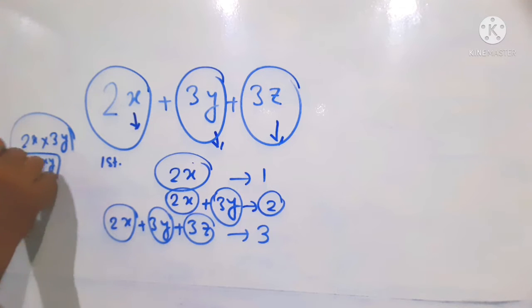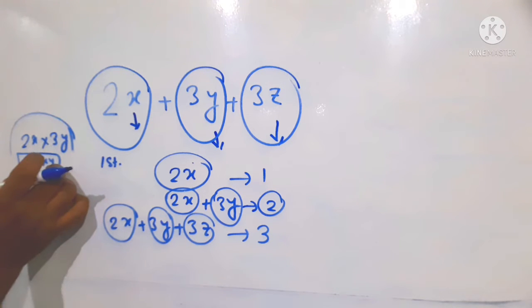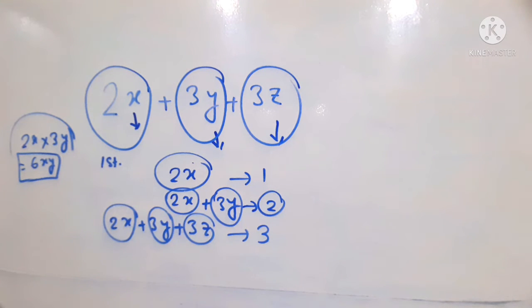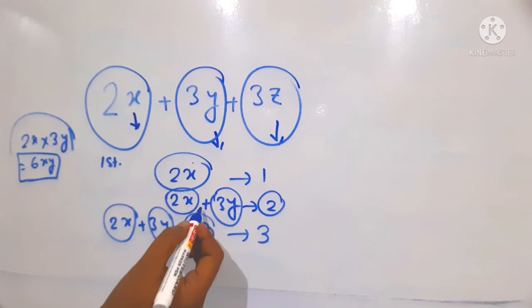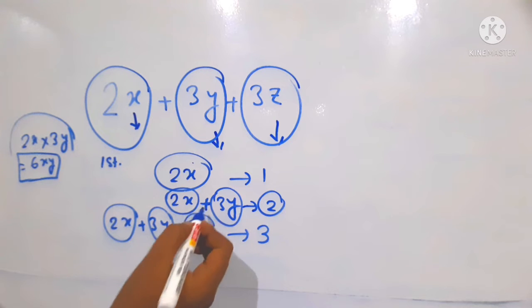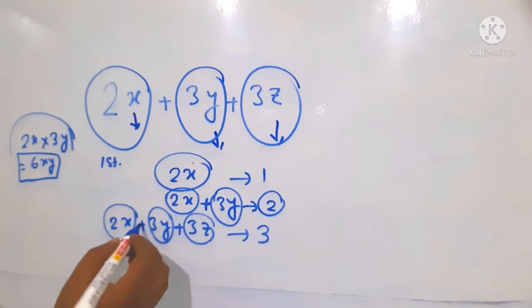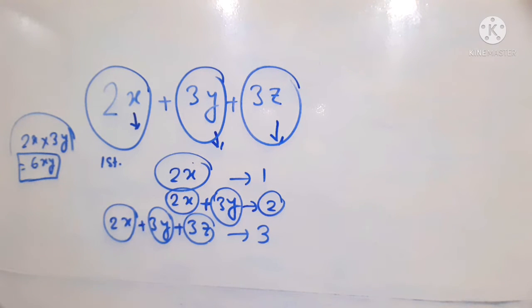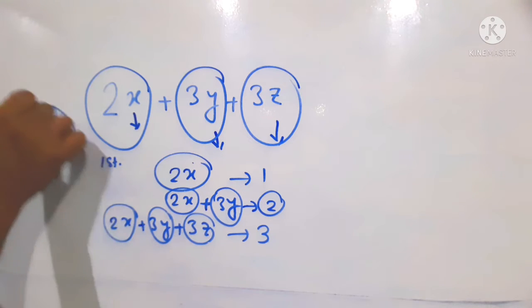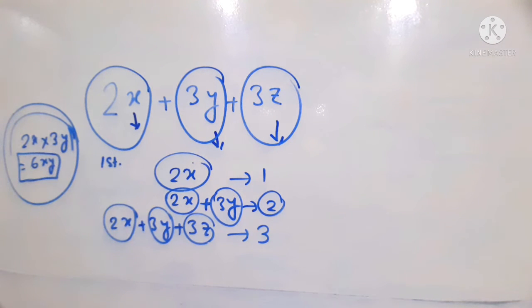You can just write this. Now say this is one term. Term 1 or 2 or 3 depends on what sign you have got. This is plus, this is plus, this is plus. But when this is multiplication, then it is the same: only 1. When multiplied, it will be considered as one term.